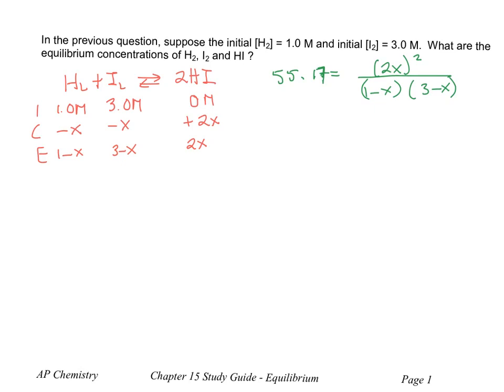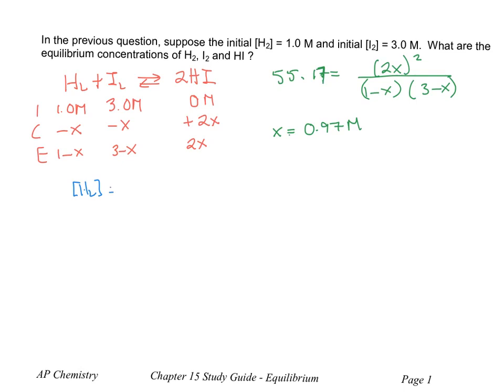For this one, when I plugged it in, I got that X is equal to 0.97 molar. Okay, so now to figure out all your concentrations, let's start with H2.